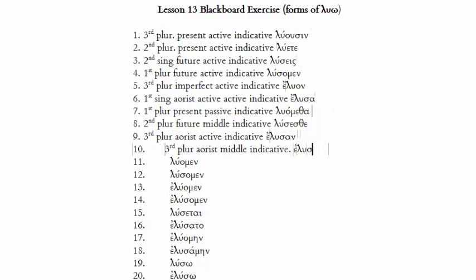Then elusato for the third singular aorist middle. Elusamatha for the first plural. Then elusasthe for the second plural. Then the third plural would finally be elusanto. So we'll put the accent in here, and there we go.